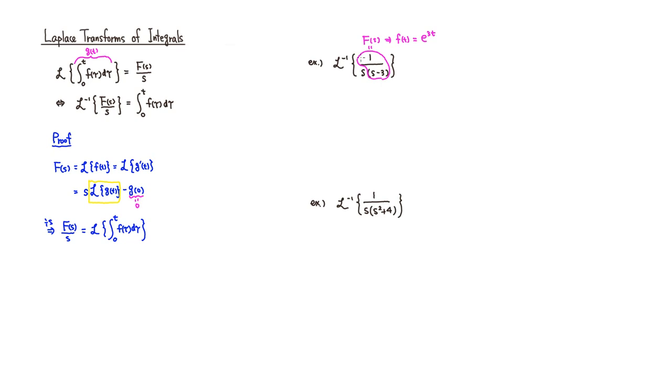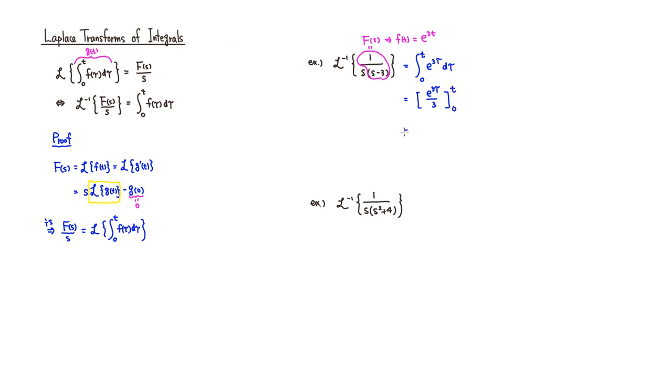So all you have to do to find it is just do the integral. So we have an integral from 0 to t of e to the 3 tau d tau. Then find the antiderivative, which is e to the 3 tau over 3, going from 0 to t.